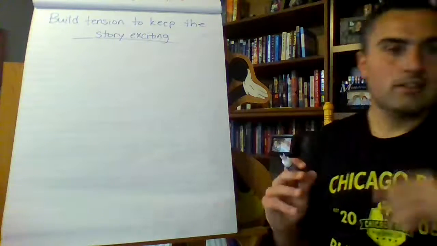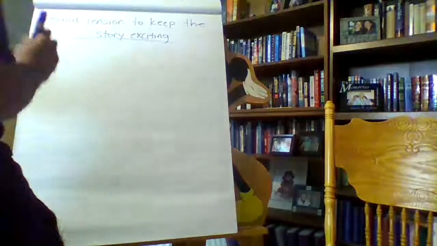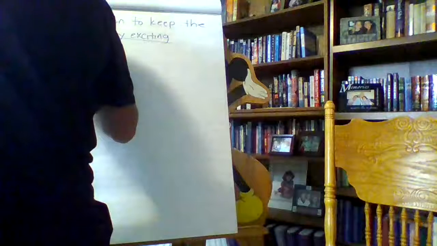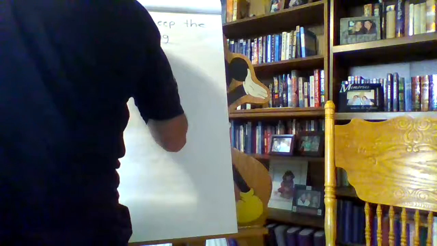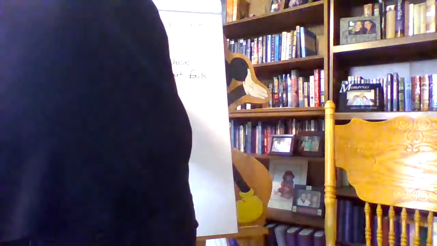So I'm going to kind of break this down a little bit, make this a little bit simpler to understand. But basically, you want your character to come close to solving the mystery but fail a few times.